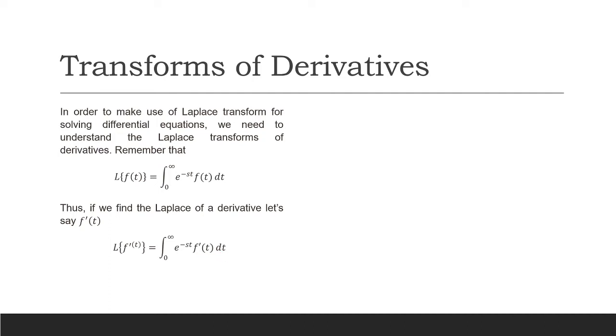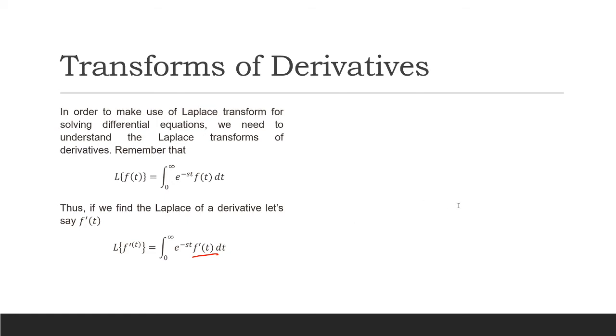Now, hindi natin to basta-basta masasolve because merong prime dito, di ba? So, meron tayong derivative dyan. So, we need to find a method kung saan mawawala sana yung f prime of t na yon.